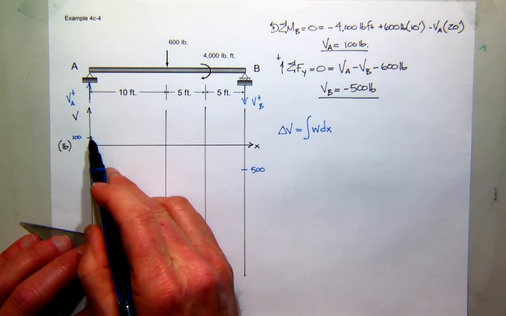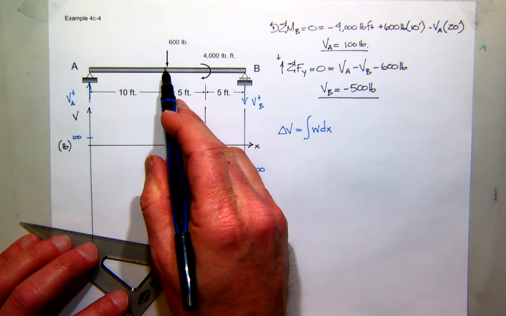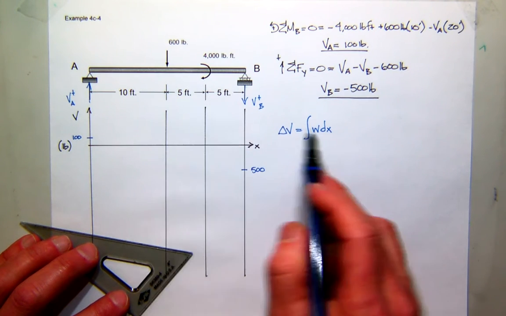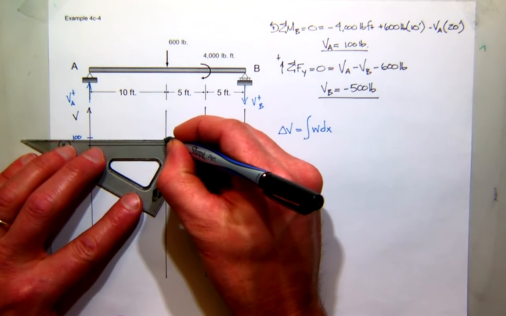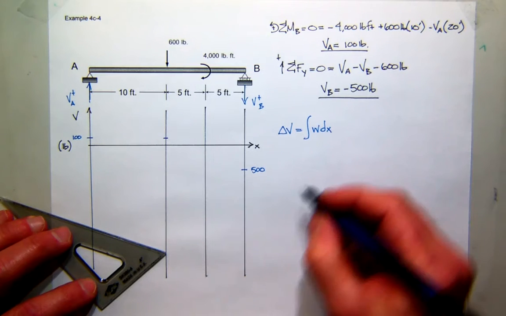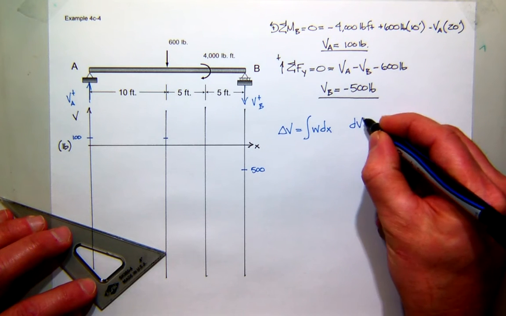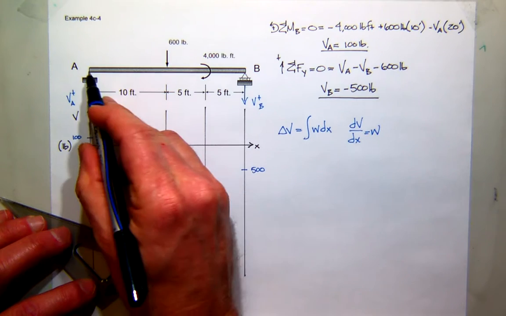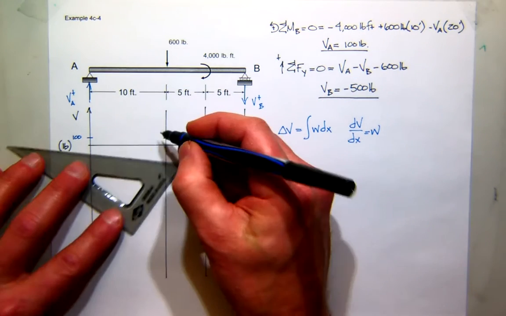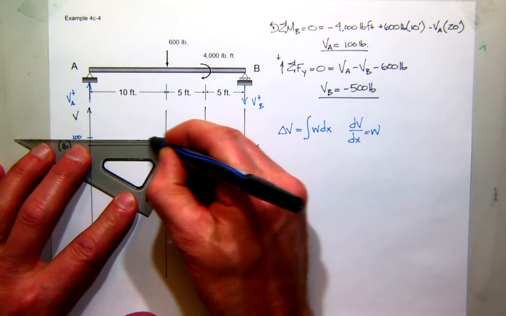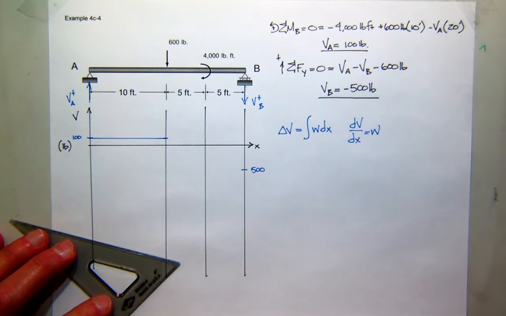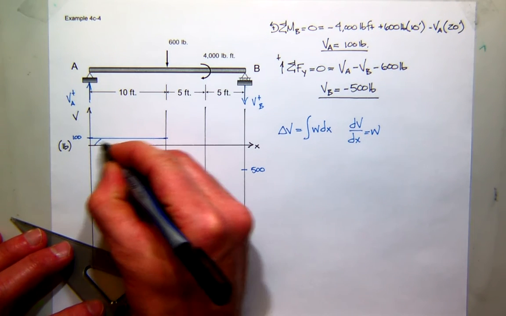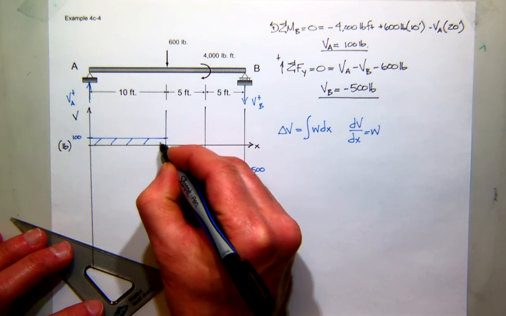So over the first 10 feet, what's the area under the load diagram? 0, so no change. So I should stay at 100. I also know the slope of the shear diagram is equal to the load. And what's the load here? 0, so I have a 0 slope curve. So it looks like I have constant shear over the first 10 feet of positive 100.